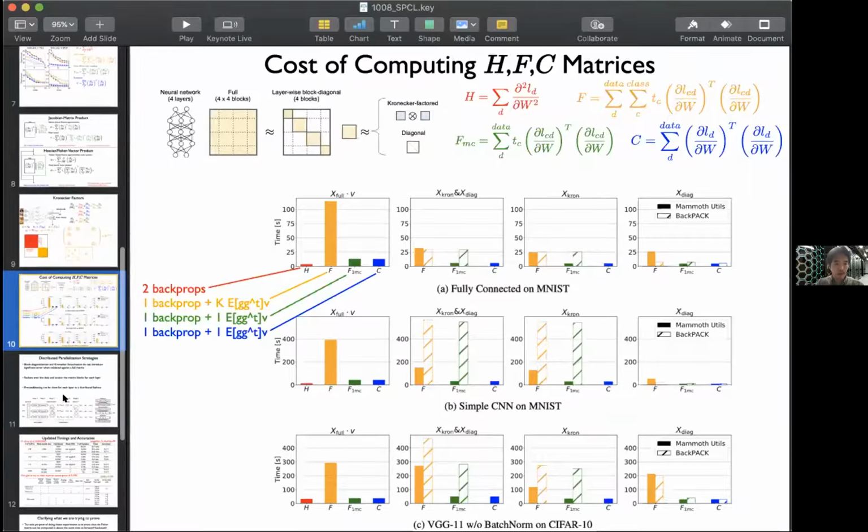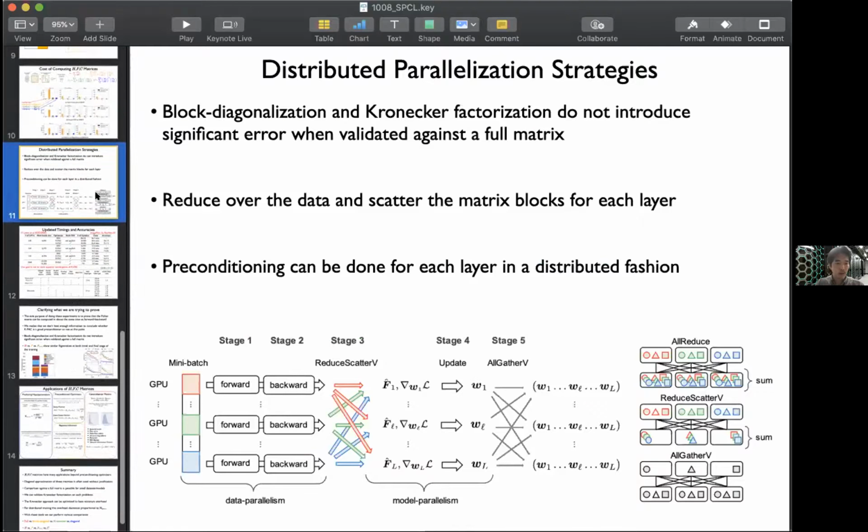Okay, so now a little bit about the distributed side of things. We've tested that block diagonalization and Kronecker factorization are fairly accurate. And we actually did the training and saw that it does not introduce significant error when validated against a full matrix. So what we can do then is a block diagonalization of the matrix per layer. Each block represents one layer.